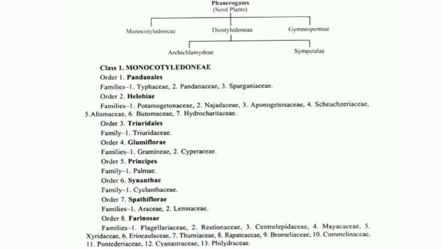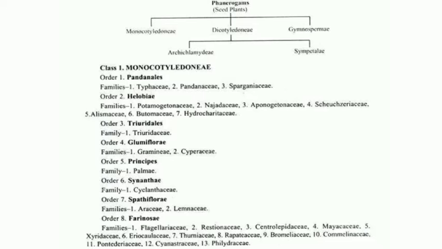Here plants, mainly the phanerogams or seed plants, are divided into three categories: monocotyledonous, dicotyledonous and gymnospermae. The class monocotyledonous has not been divided, but dicotyledonous is divided into two subclasses: Archichlamydae and Sympetalae.